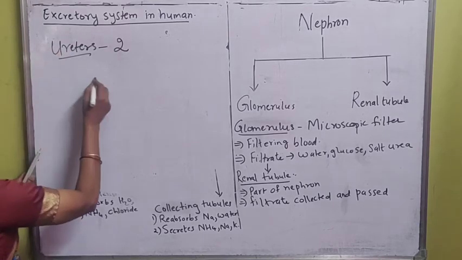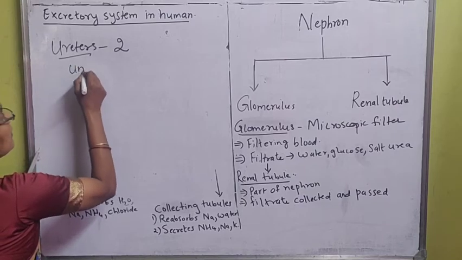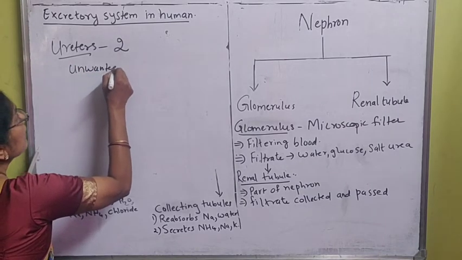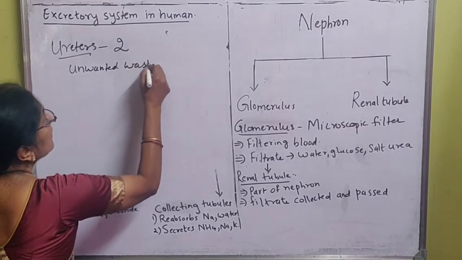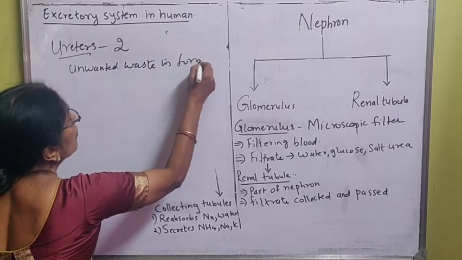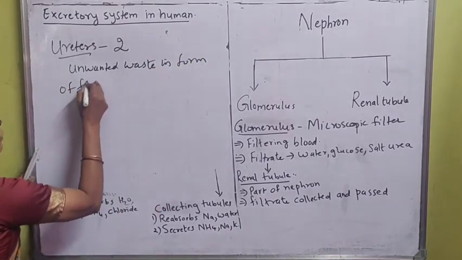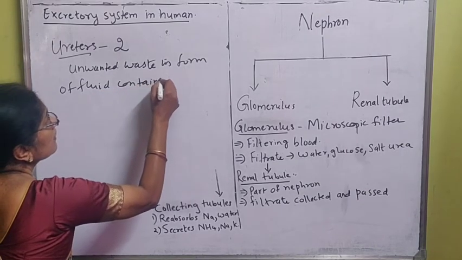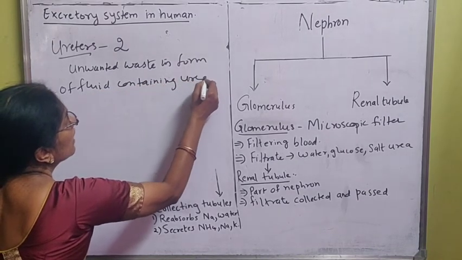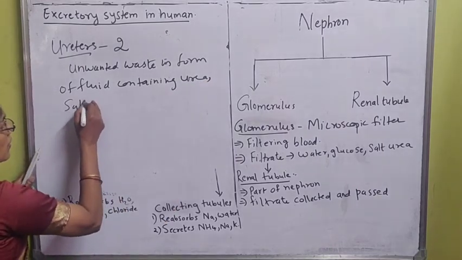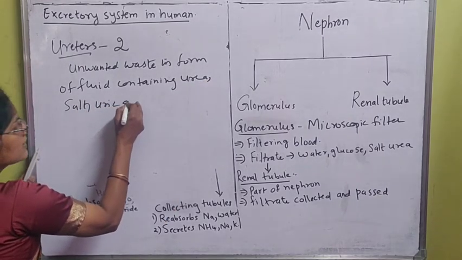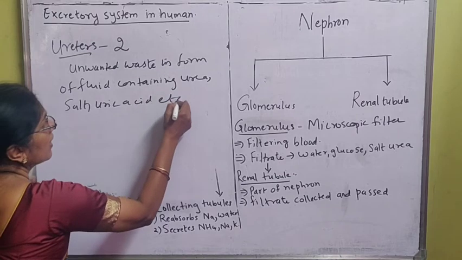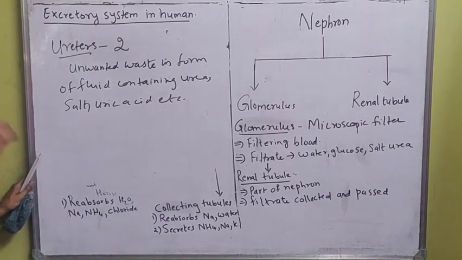And from the ureters, the unwanted waste in the form of fluid containing urea, salt, uric acid, etc. flows.